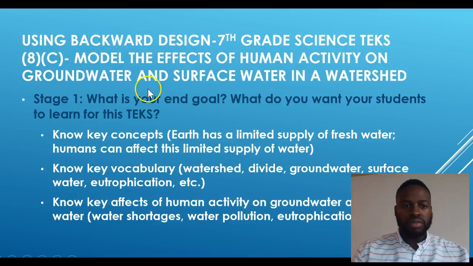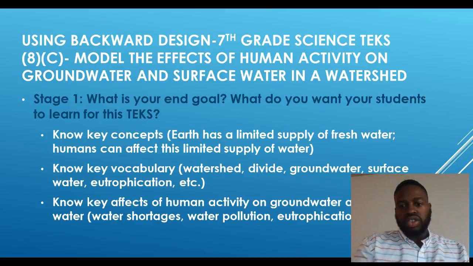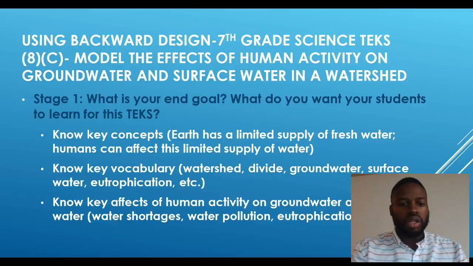Moving on. Using backward design, 7th grade science TEKS 8C, model the effects of human activity on groundwater and surface water in a watershed. Stage 1, what is your end goal? What do you want your students to learn for the TEKS? So here we go. Key concepts: Earth has a limited supply of fresh water.